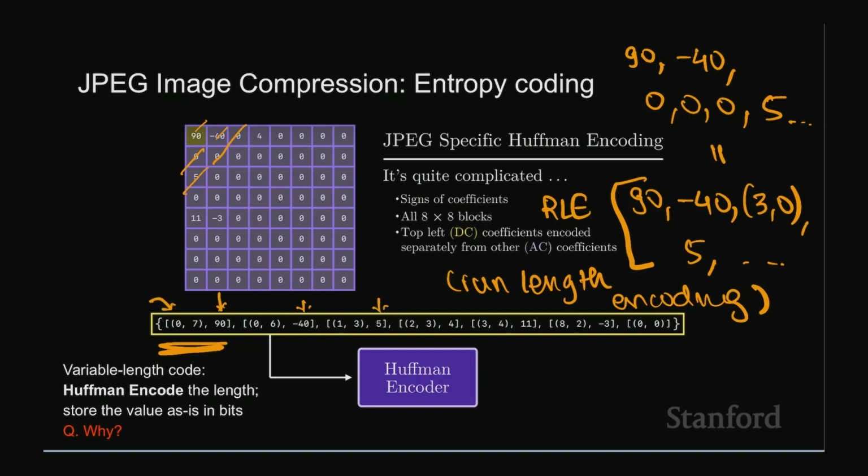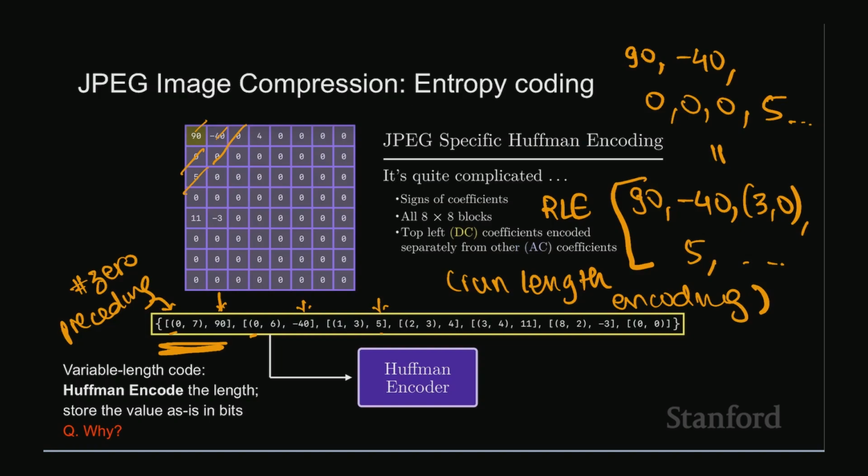The first number is the number of zeros preceding that value. So there was no 0 preceding 90, so my first number is 0 here. No 0 preceding minus 40, I have 0 here. Before 5 I have, oh sorry, the second tuple.